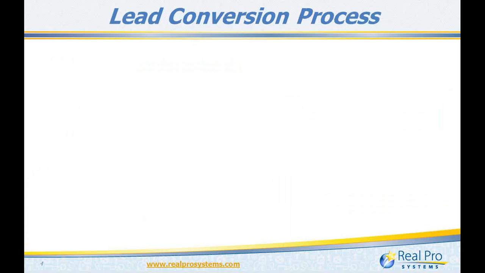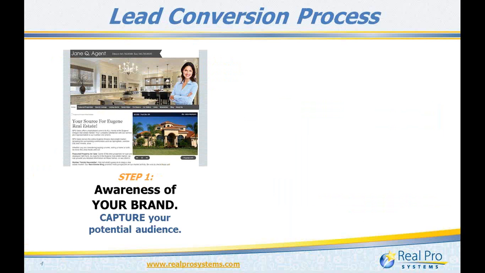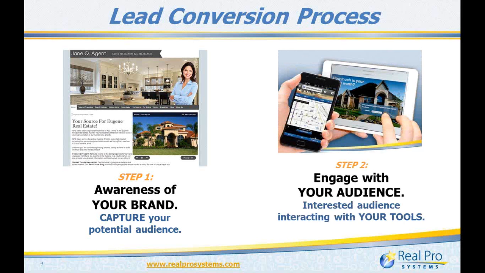So the lead conversion process starts with step one, which is brand awareness. So here we're taking the initial steps to put ourselves in front of potential leads, which in your case is your buyers and sellers. The second step is to engage with your audience and putting something in front of them that prompts them to interact.